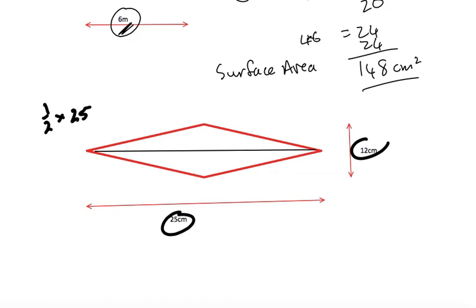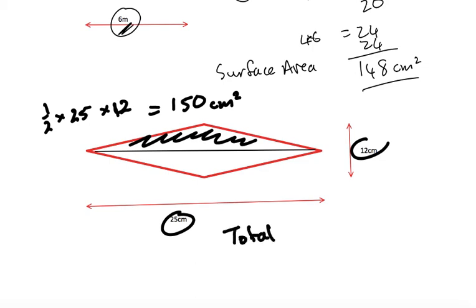Half of 25 times 12, so 6 lots of 25, that's 150 centimeters squared. That's for the area of the top bit here. So the area of the bottom bit is also going to be 150 centimeters squared. So the total area is going to be 300 centimeters squared.